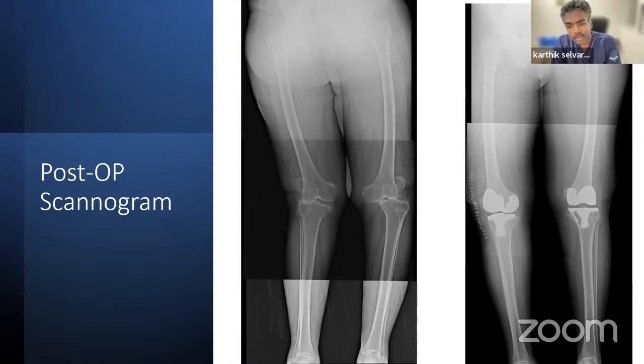There is a question. How do you correct rotational deformity associated with varus and flexion? From Kishore. See, rotational deformity, as I said, most of the varus is associated with proximal tibial rotational deformity. So the so-called rotational deformity is happening at the joint level. We are not talking about the torsion deformity where the distal tibia is rotated compared to the proximal tibia. That is different.